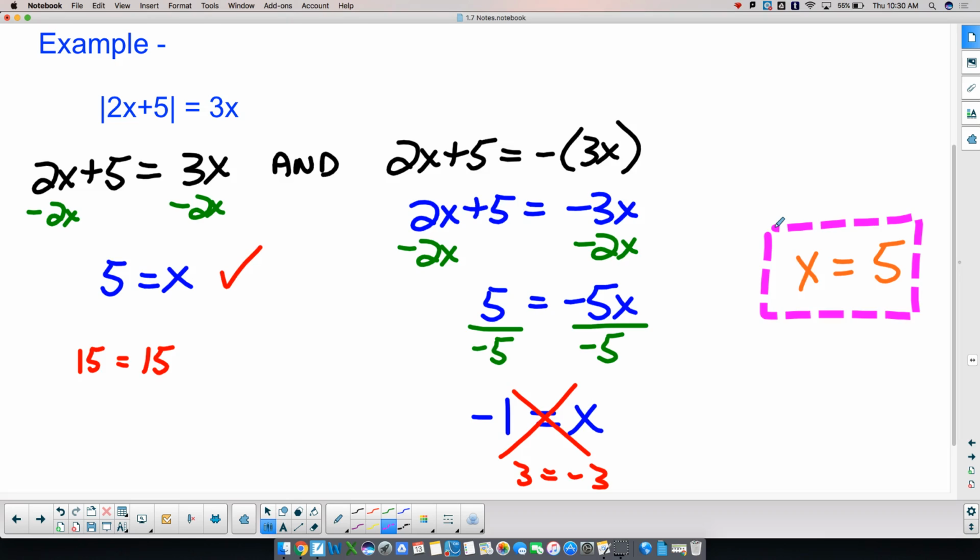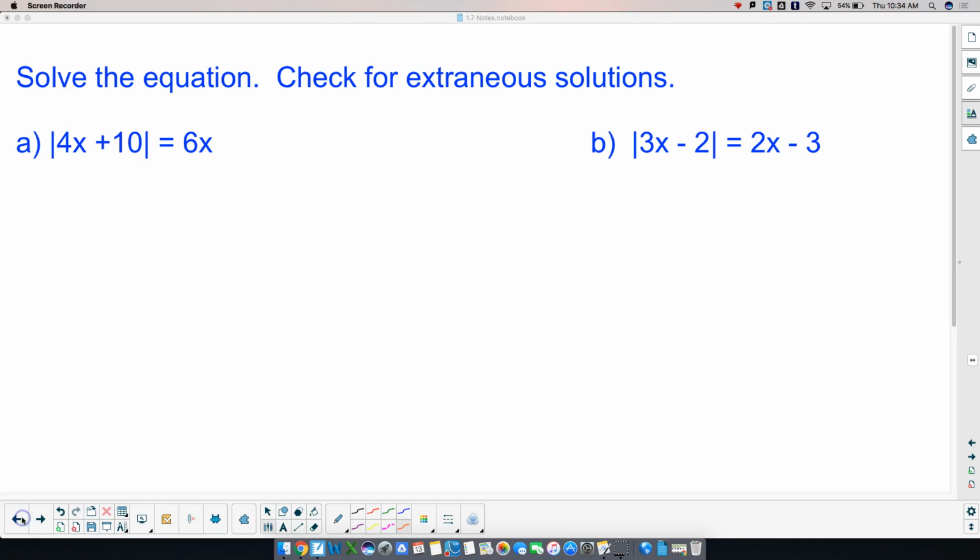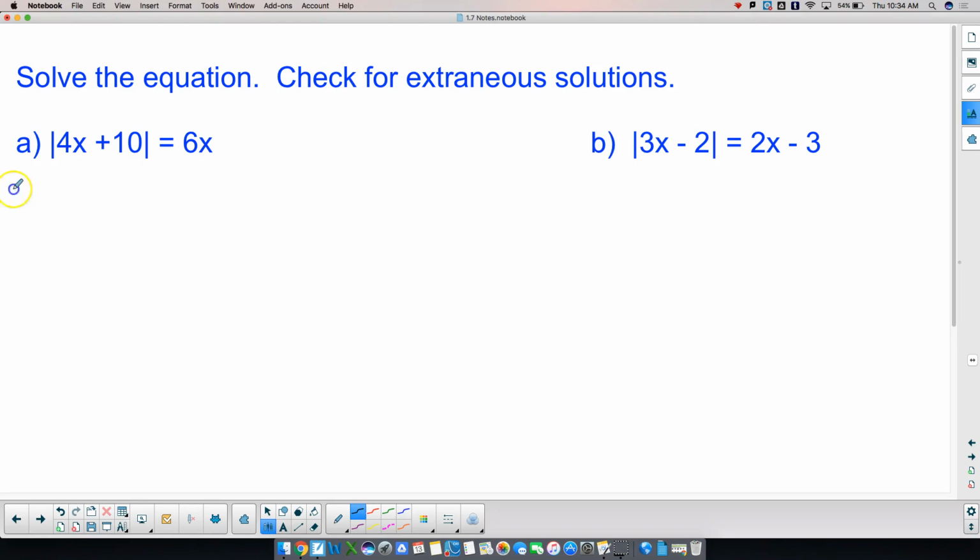Okay. What I would like you to do now is try those two equations. All right, so we got 4x plus 10 equals 6x, and 4x plus 10 equals negative 6x. Subtract 2x.